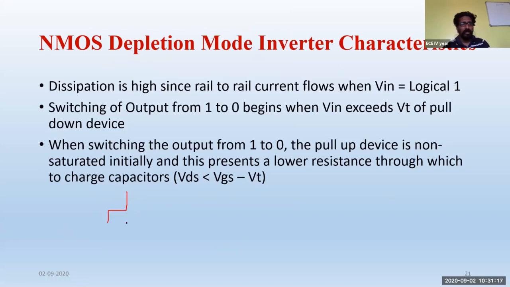Here, this is an inverter, and this is your VDD. You can see that the gate terminal is connected to the source, and this one is a depletion mode transistor.